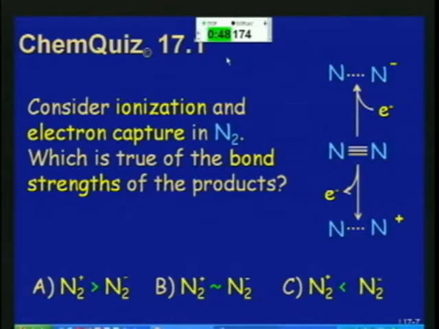The bond order of this is 3, isn't it? Now you take one away. What's the bond order? 2, 4, 5. 5 minus, divided by 2. And you add 1 here.